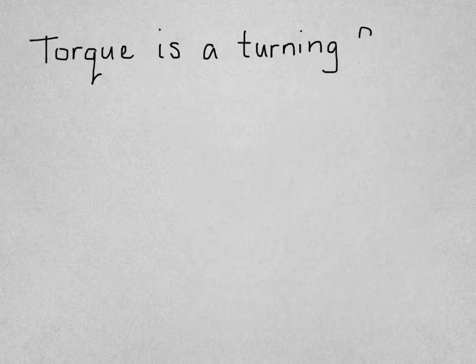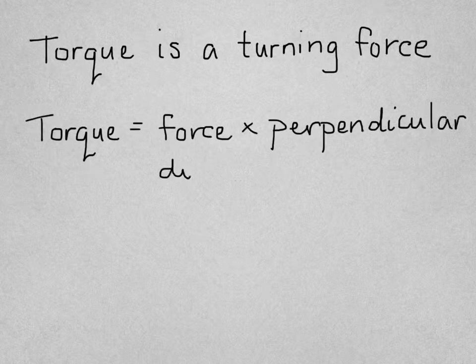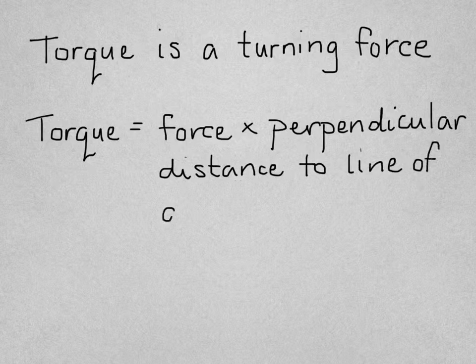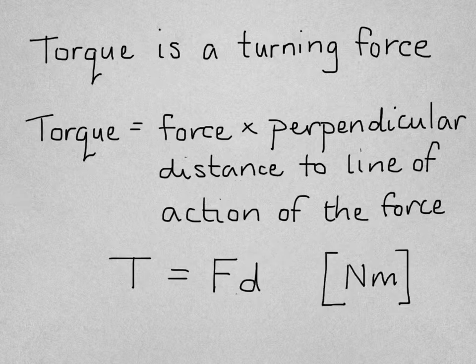So, theory. Torque is a turning force, and it's equal to the magnitude of the force times the perpendicular distance between the axis and the line of action of the force. The equation is T equals Fd, torque equals force times distance, and the units are of course Newton meters.